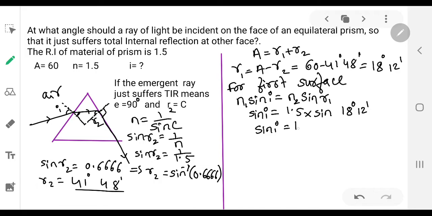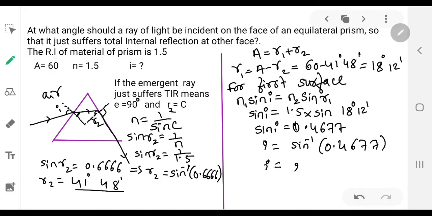When you multiply, you get 0.4677, so the i value is sine inverse of 0.4677, which is equal to 27 degrees 48 minutes.